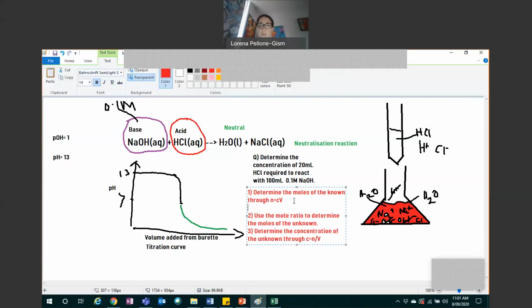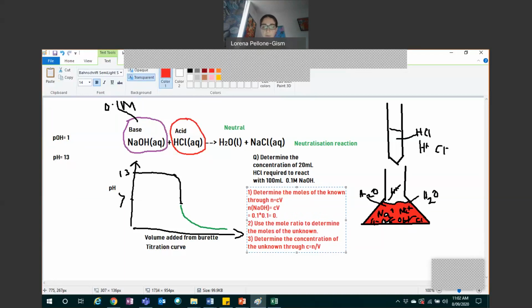Determine the concentration of the 20 mils HCl, so that's our unknown, required to react with 100 mils of 0.1 molar NaOH, so that's our known. So the moles of NaOH, and I'd like you to write it out like this, equals c times v, equals 0.1 times 0.1. That's really important because remember volume needs to be in litres.